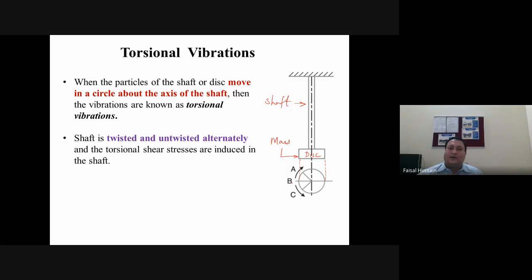This is your mean position. Now what we are doing, we are twisting the disc at a certain angle, for example theta. So the disc is twisting. At one instant it will move here, then it will move here. So this will be the twisting movement.